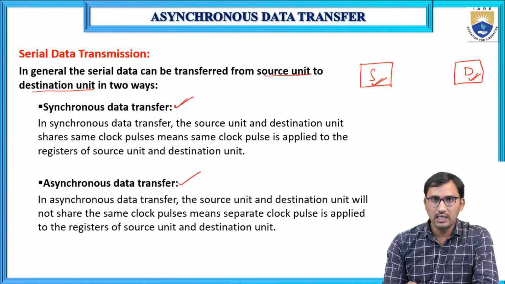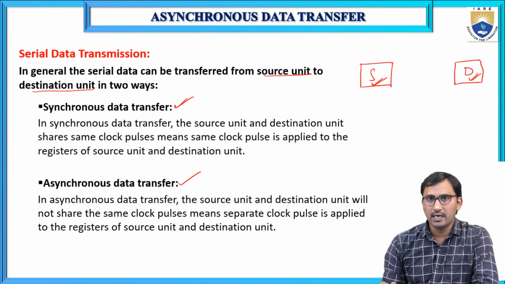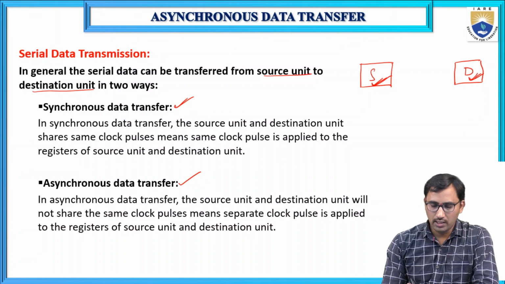Whereas in asynchronous data transfer, we are applying a separate clock to the sender unit, and we are applying another separate clock for the destination unit. So that's why it is called asynchronous data transfer. In asynchronous data transfer, the source unit and the destination unit don't require any synchronization.